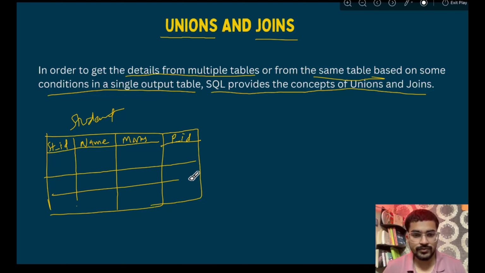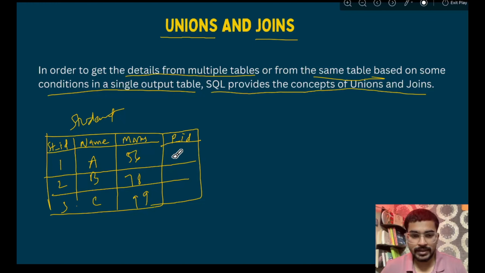Let's say we have three values, 1, 2, 3, and for names just a simple alphabetical abc. We have marks 56, 78, 99, and we have the pid, the parent id.